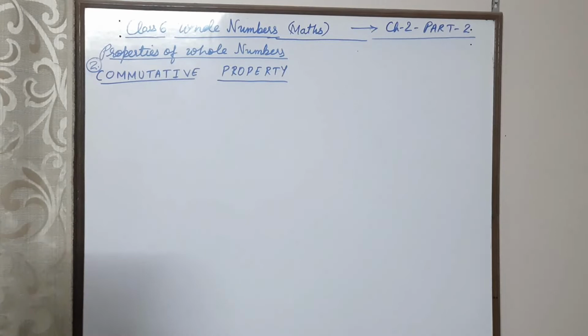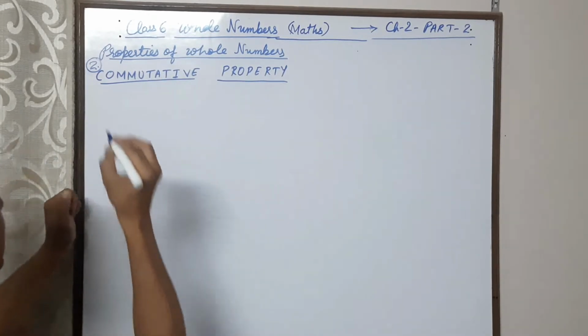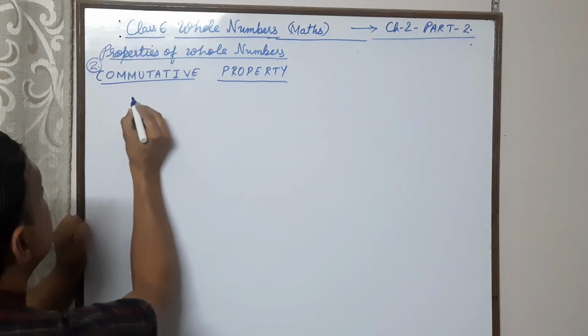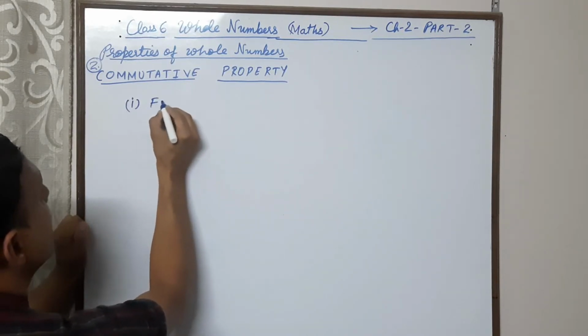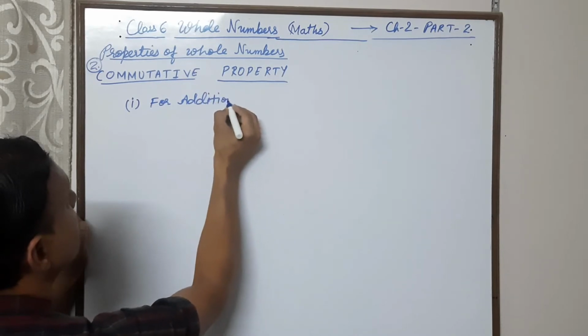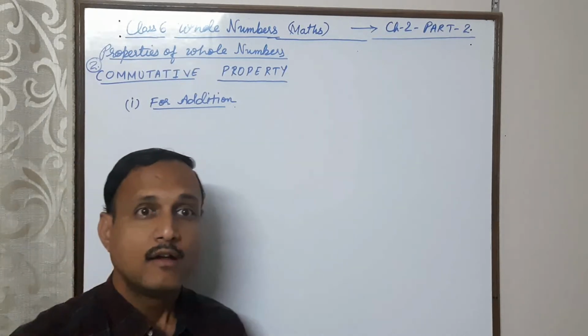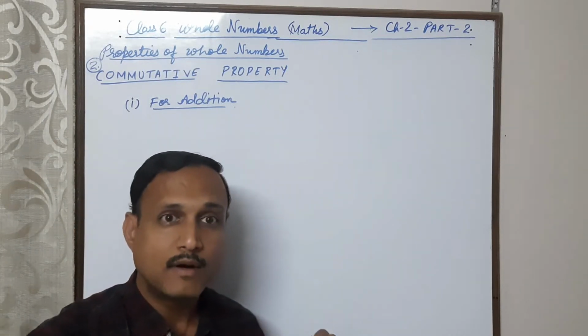So what is commutative property? First we'll study it for addition. For addition, we can add any two whole numbers in any order.